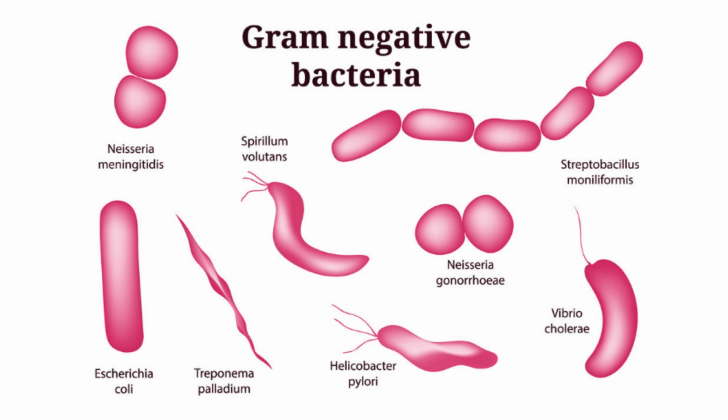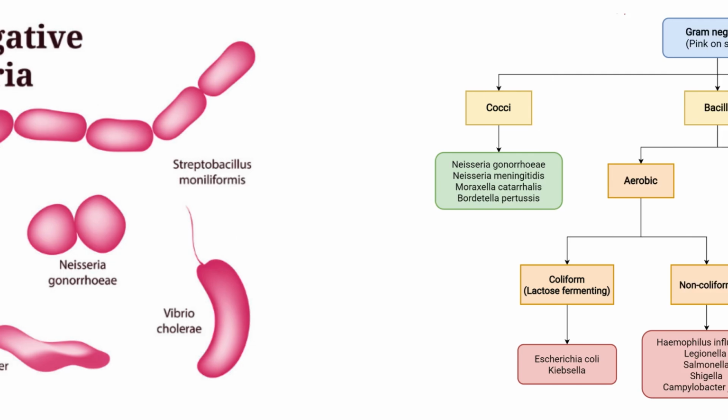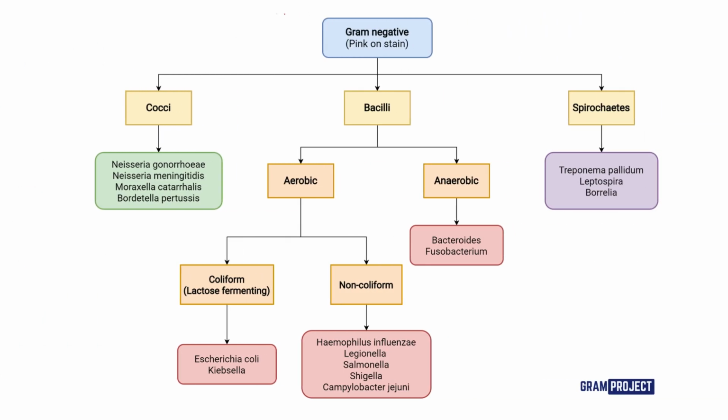These are the different shapes, okay? Treponema pallidum, which are spirochetes, and we have Escherichia coli or E. coli, which are gram-negative rods. We have Streptobacillus moniliformis, we have Helicobacter pylori. So this is yet another way to look at gram-negative bacteria. They can be classified as cocci, bacilli, and spirochetes. Now this is based on shape.